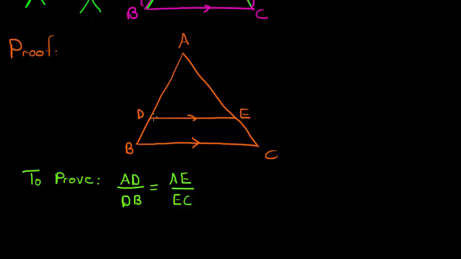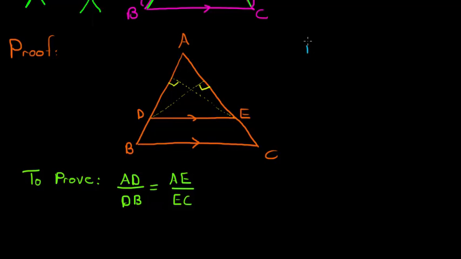The first thing I'm going to do is I'm going to construct a line perpendicular from D, perpendicular to AE, and also from E perpendicular to AD.